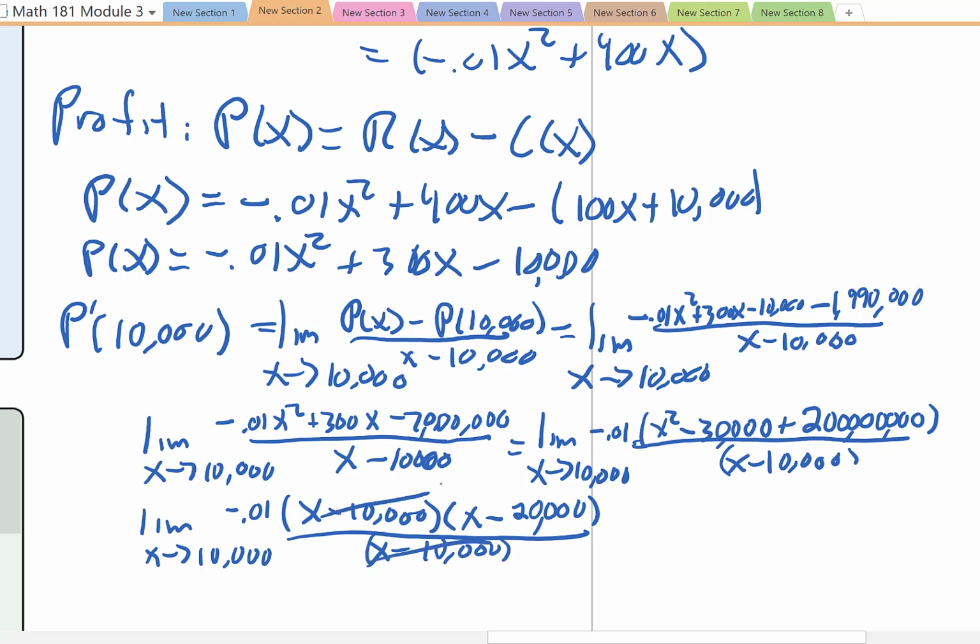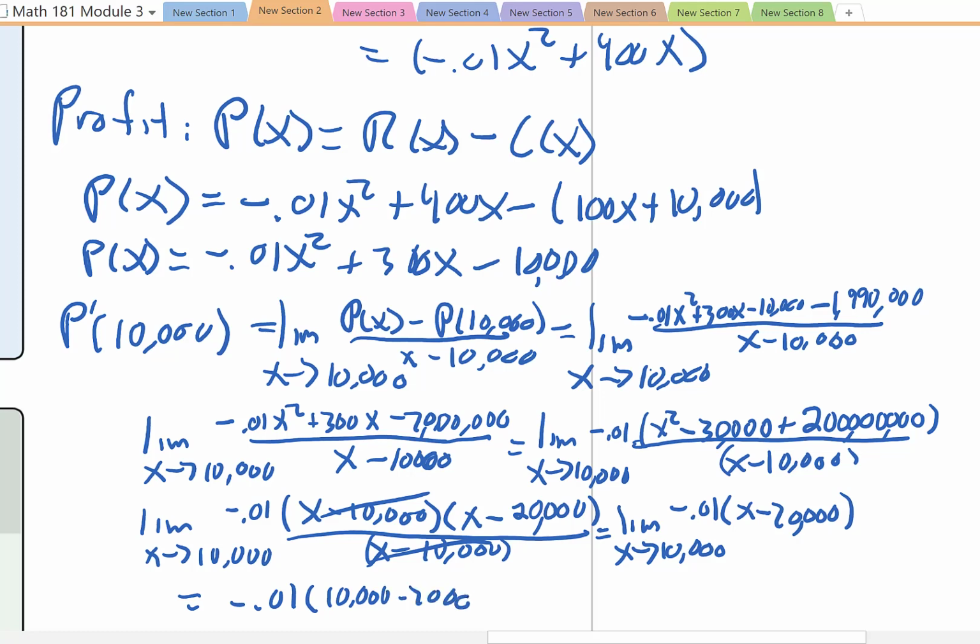Those divide out, and we're left with the limit as x approaches 10,000 of negative 0.01 times x minus 20,000. So if we plug that in, we end up with negative 0.01 times 10,000 minus 20,000, so negative 0.01 times negative 10,000. And that's going to give us 100.